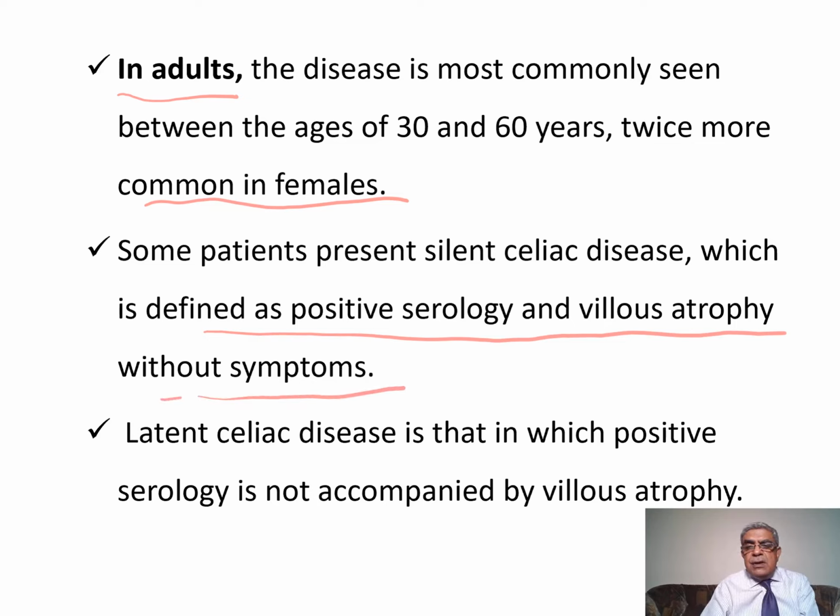So when these two things are present, that is the serological findings are positive and histology shows villus atrophy, but there are no symptoms, we call it silent celiac disease. On the other hand, there are many cases of celiac disease which escape clinical attention for many reasons because of atypical presentations.